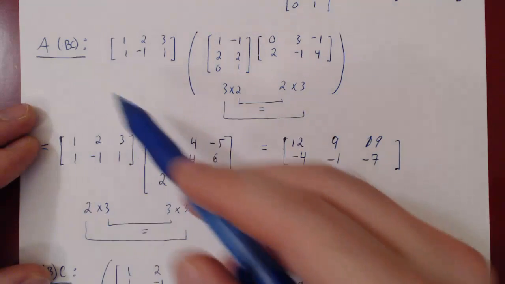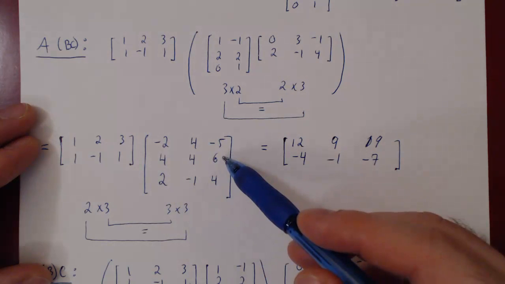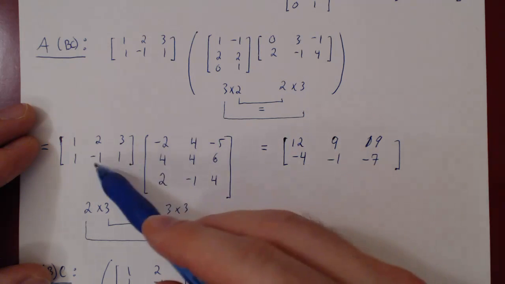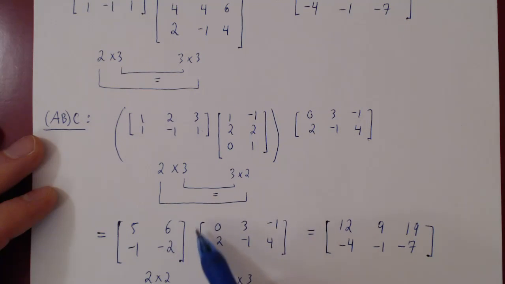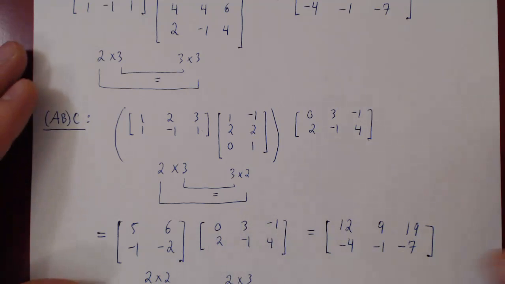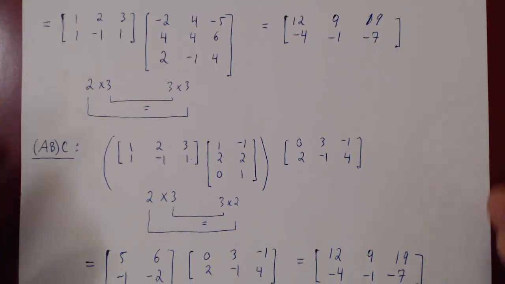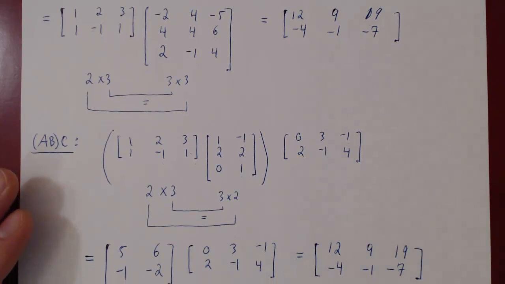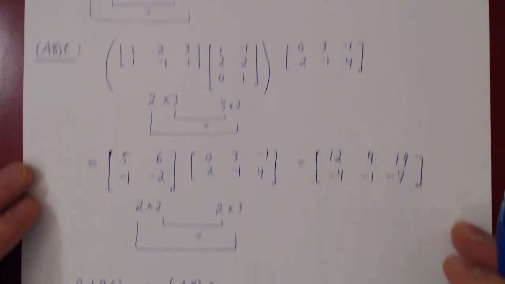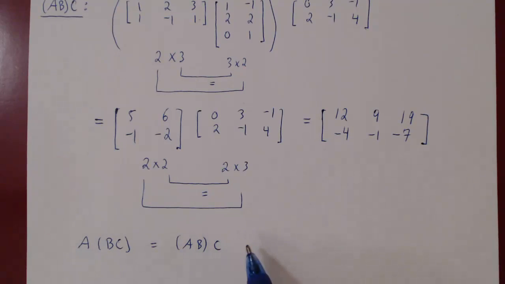By doing BC first, we obtain a 3 by 3 matrix, then multiply this by a 2 by 3, and by doing AB first, we obtained a 2 by 2 matrix, then we multiplied a 2 by 3, and in both cases, even though we performed completely different calculations, we ended up with the same 2 by 3 matrix. So yes, we do have associativity, but it's not because it looks so trivial that it actually is.